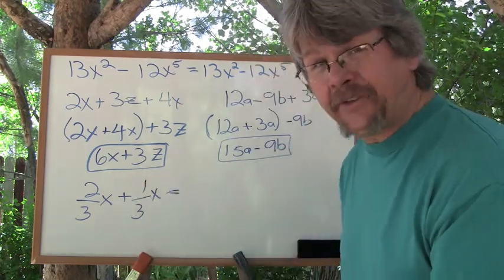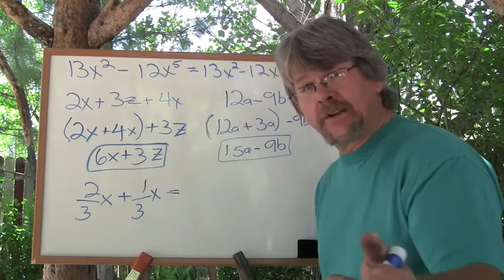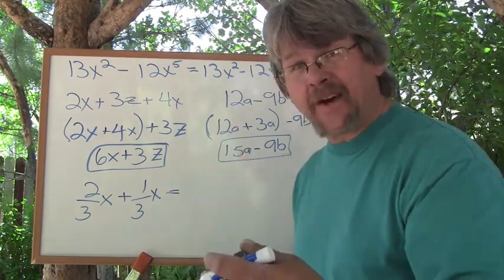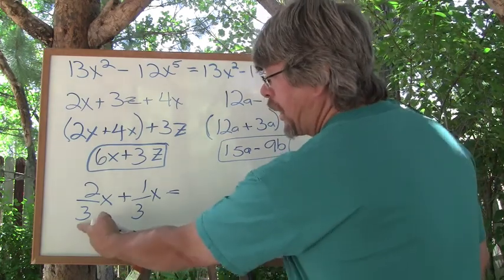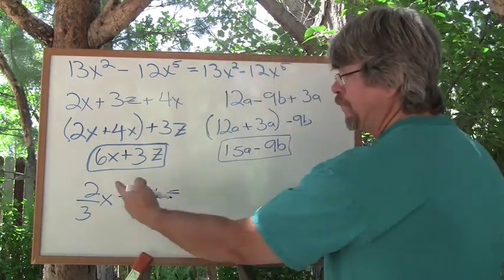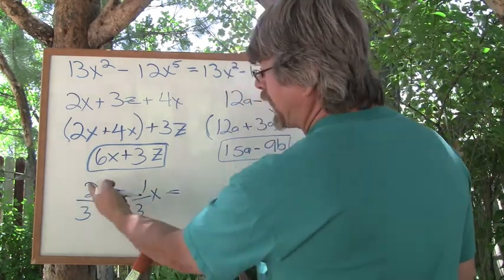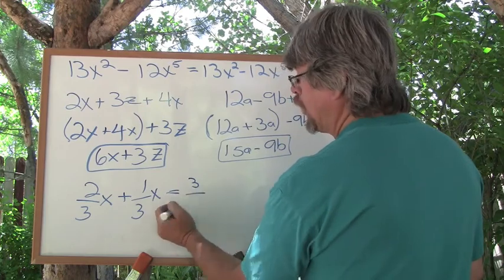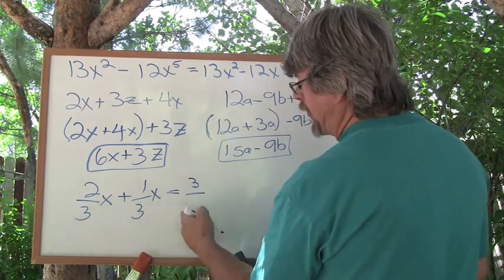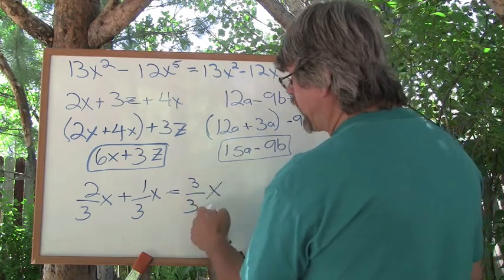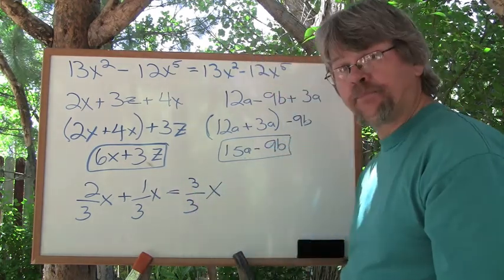So how do you add fractions? The first thing we need to check is the denominator. In addition, we have to have a common denominator. Well, we're in luck. These two have the common denominator already. So we simply add across with the numerators. 2 plus 1 is 3. We bring the same denominator across. So this is 3/3 x.